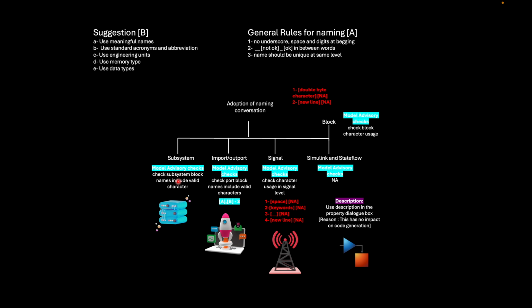And there will be specific checks, like for subsystems, check subsystem block names include valid characters. So this is a check for subsystems. And for inputs, you can have input and output: check port block name includes invalid characters. So this is the check for the input output validation for the MAAB guideline.